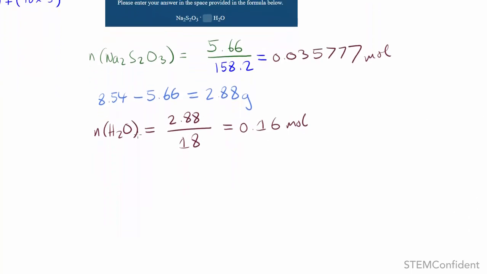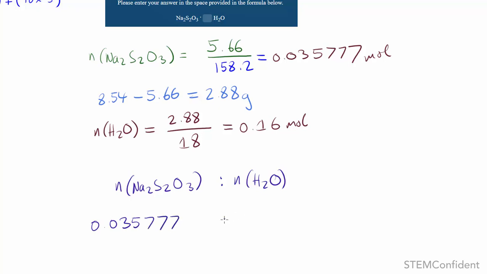I'm going to say number of moles of Na₂S₂O₃ compared to the number of moles of H2O, so we're going to have 0.03577 and 0.16.